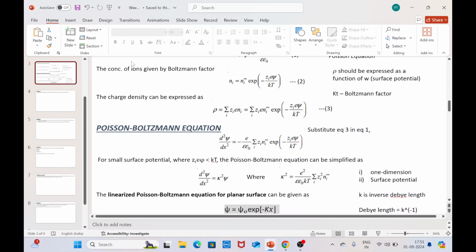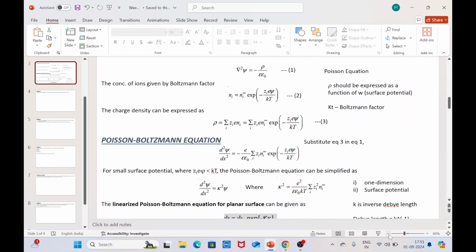Depending upon the geometry under consideration, you need to manipulate the equations to derive the appropriate ones.